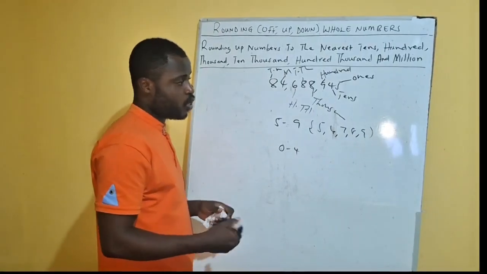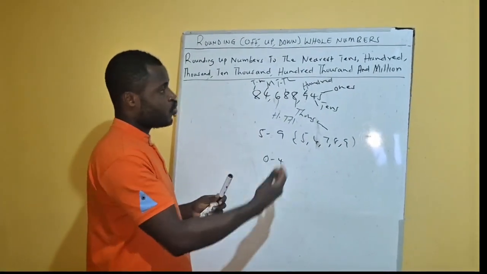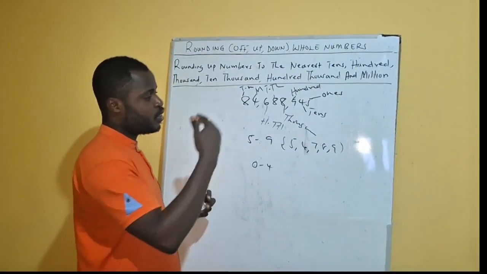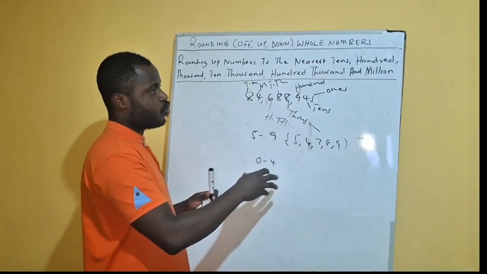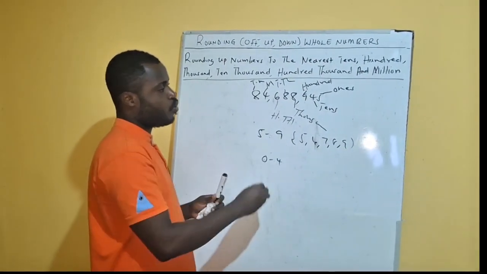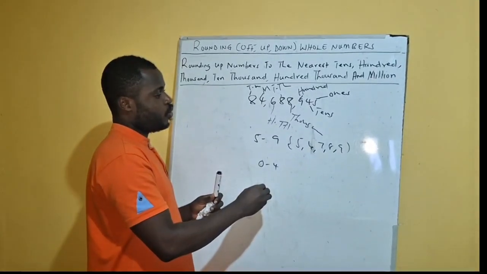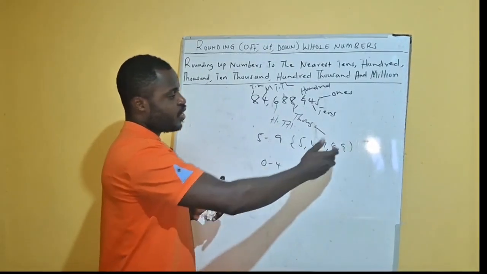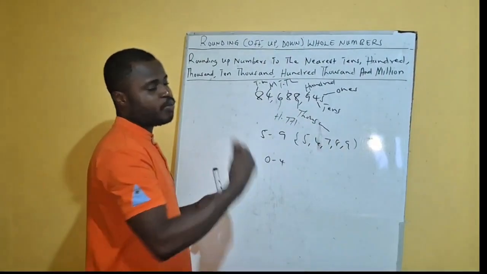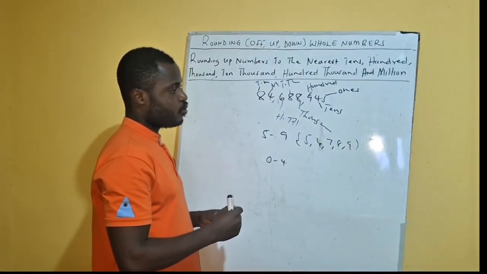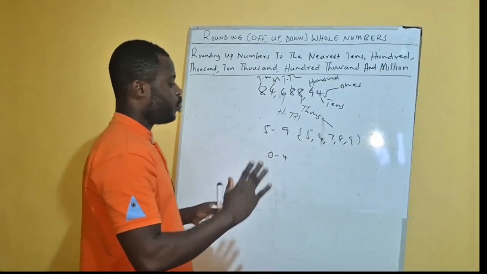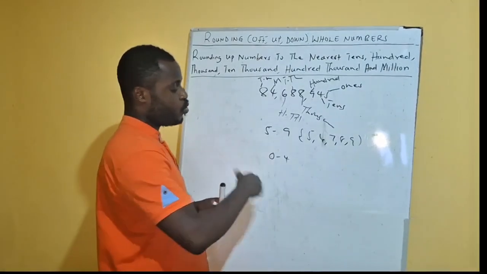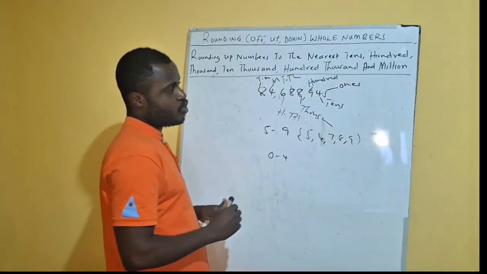Why am I saying they are not roundable numbers? Now, when you are rounding up a number and the number you are ending on, or the most important number you are looking for, is either 5, 6, 7, 8, 9, you add 1 to the number in front of it. But if it is ending with 0, the number has already been rounded, so we don't do anything when the number is ending with 0.